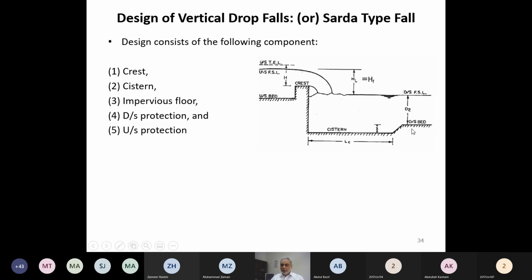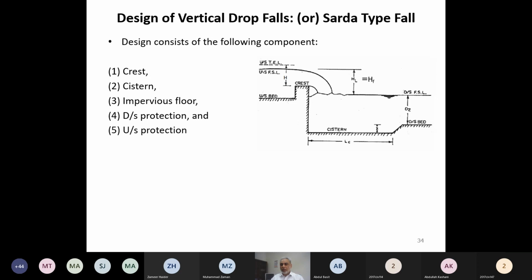If a floor is not provided over here, there is a chance of piping, a chance of seepage through this bed. So to avoid the chances of failure because of piping, we provide a concrete floor. It is the same concept as we have provided the concrete floor in the barrage.